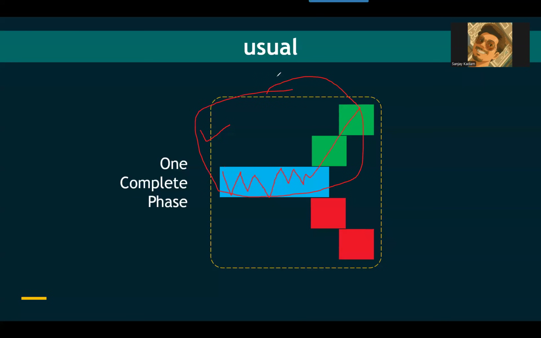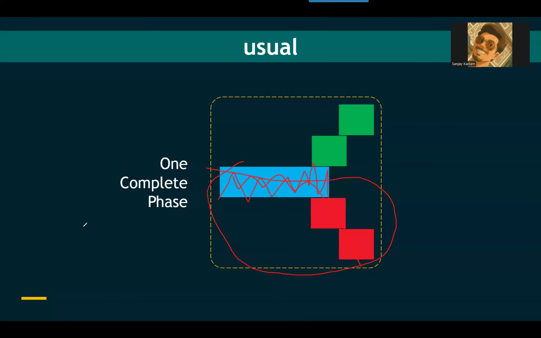Sometimes price gets trapped in this and completes the move, and this is also considered one complete cycle. So sideways and then trending move.